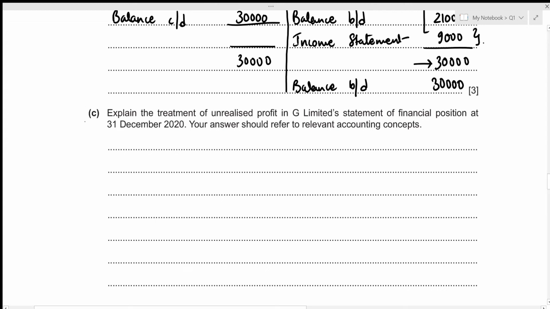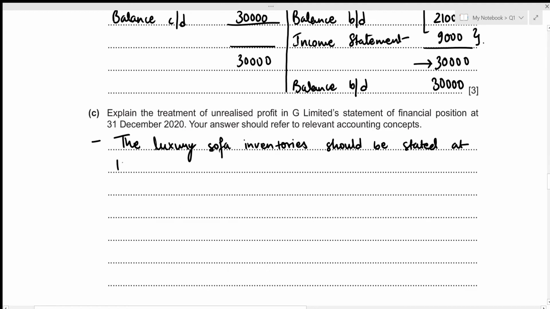Let's write it down. So the luxury sofa inventories should be stated at the cost. Now we already figured out our cost above, so let's have a look there.